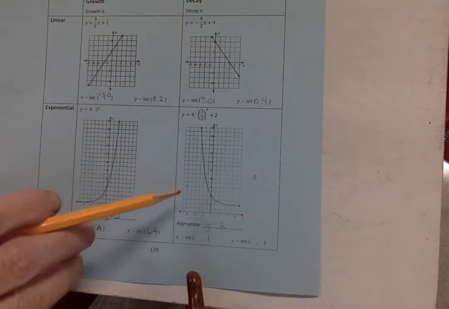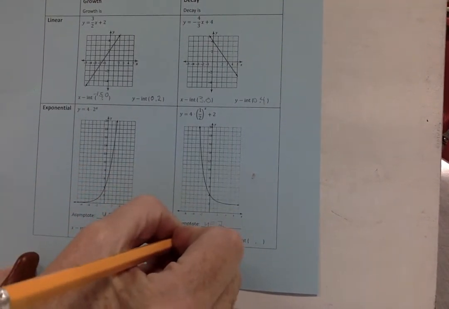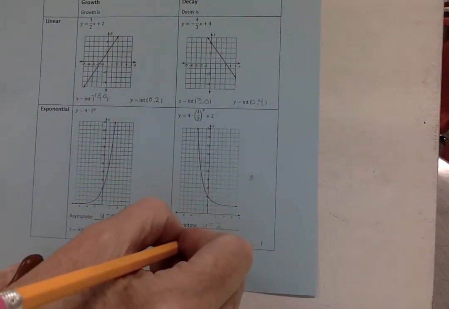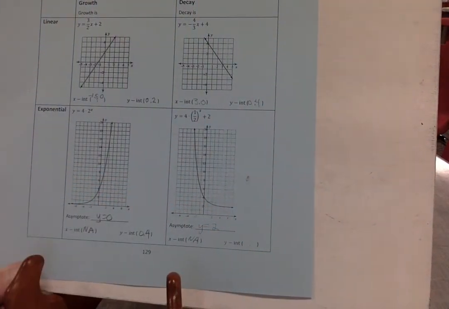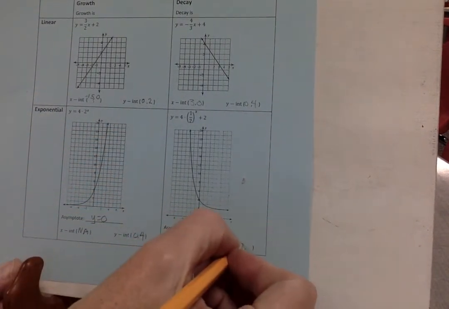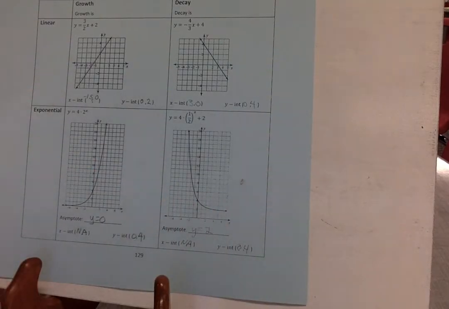Our x-intercept, where does it cross our x-axis? It never does. So it doesn't exist. So you put not applicable, NA. Y-intercept, again, it crosses at 0, 4. So hopefully you can read that okay.